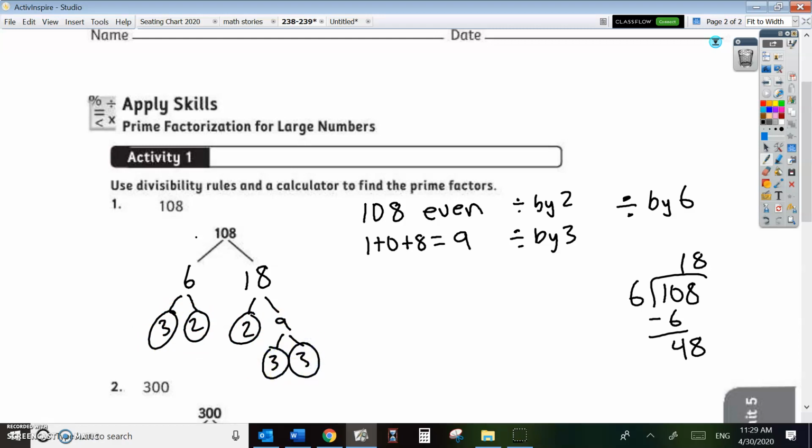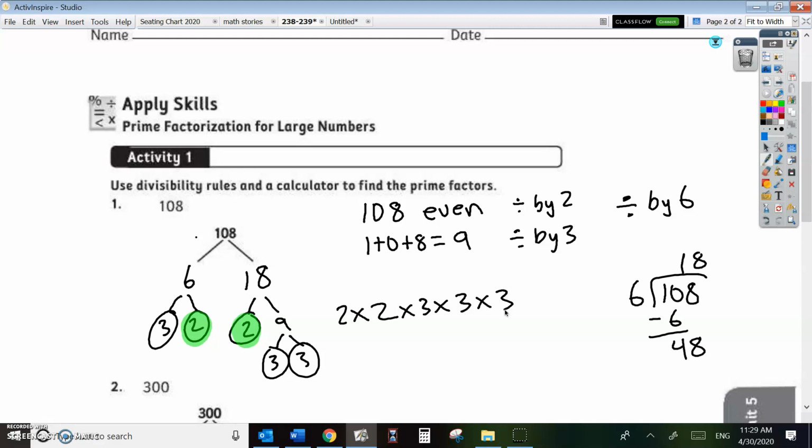So now let's write the prime factorization there. We've got 2 times 2, and then we've got three 3's, times 3 times 3 times 3. So this right here is the prime factorization for 108.